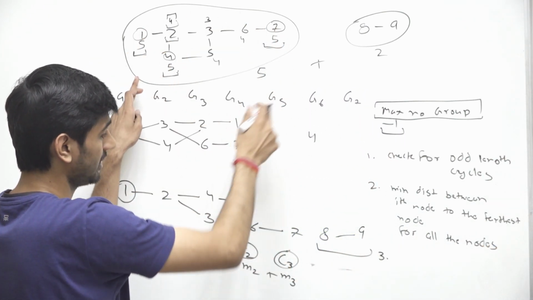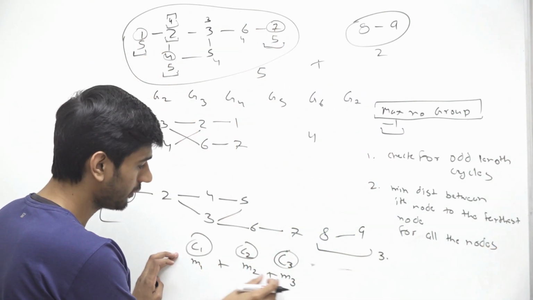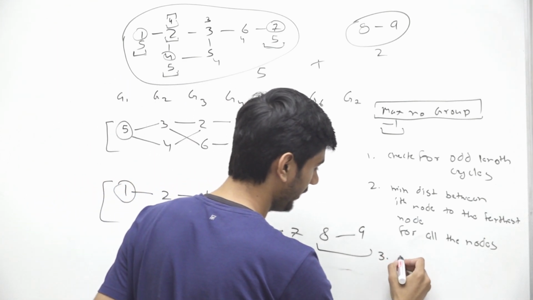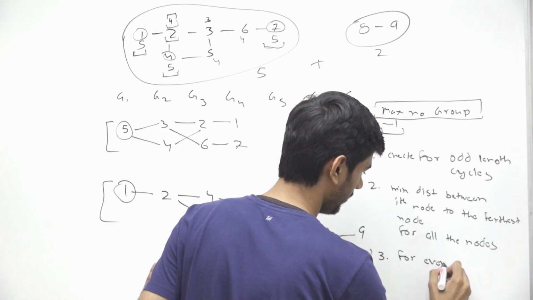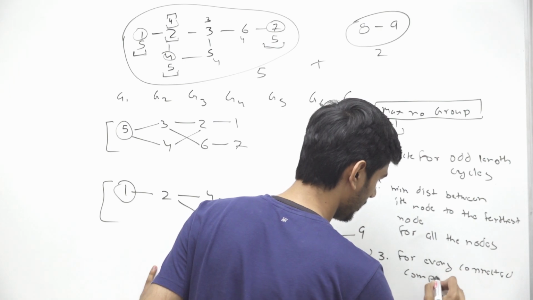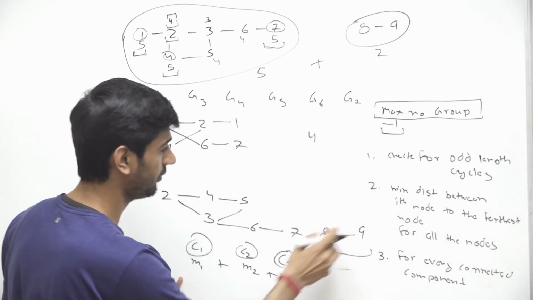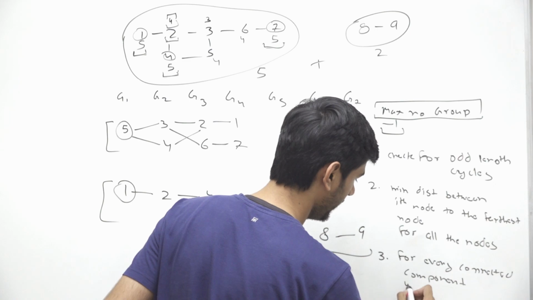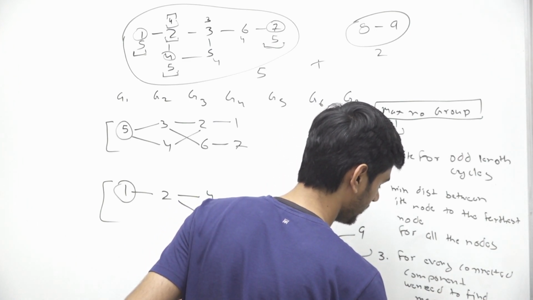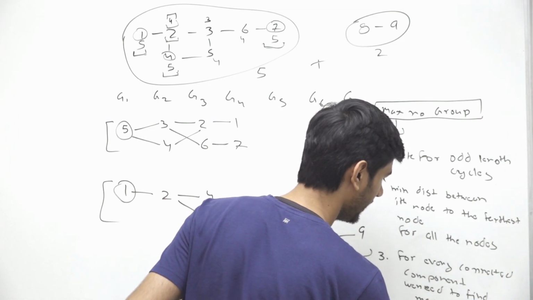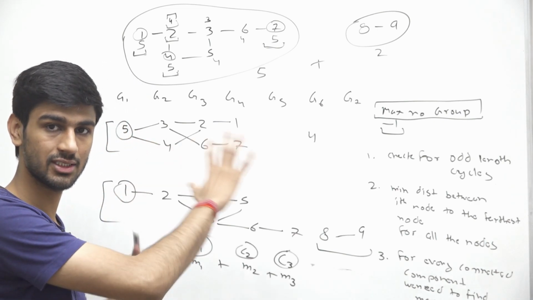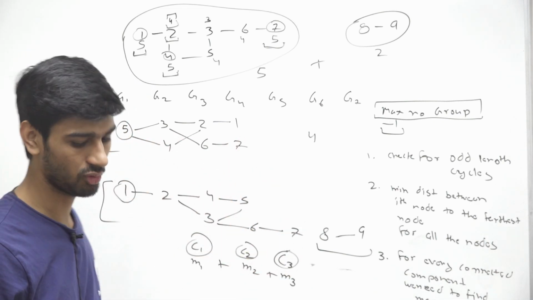Once we have this data, then for every connected component we need to find out the maximum value of this distance. And then we just have to add all those values, and that will be our final answer, right? This is what we have discussed so far. So we'll write the pseudocode for this.